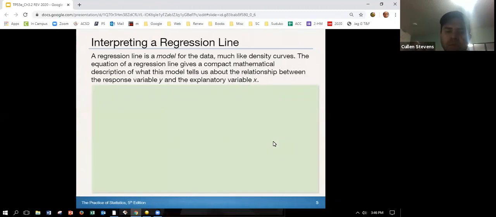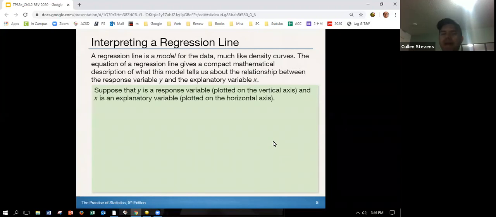So what we do is we try to build that line. It's not perfect, but it's a model for the data. Much like density curves, just like the normal curve is a density curve that sometimes can help model our data. So the equation of the regression line gives a compact mathematical description of what this model tells us about the relationship between the response variable y and the explanatory variable x.